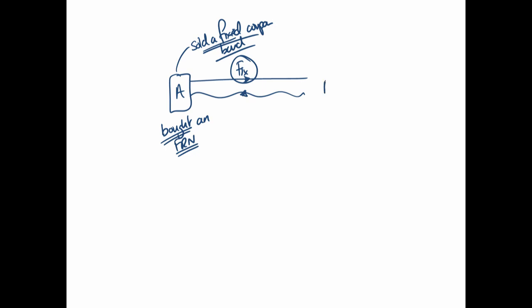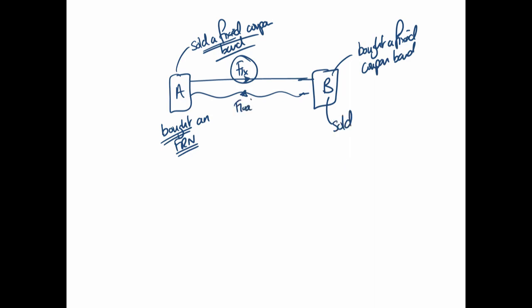On the other side, party B here that's receiving fixed, I can imagine that they have actually bought a fixed coupon bond, like a normal fixed income bond, and they have essentially sold, because they're paying out the floating rate, an FRN to fund their investment in a fixed coupon bond.